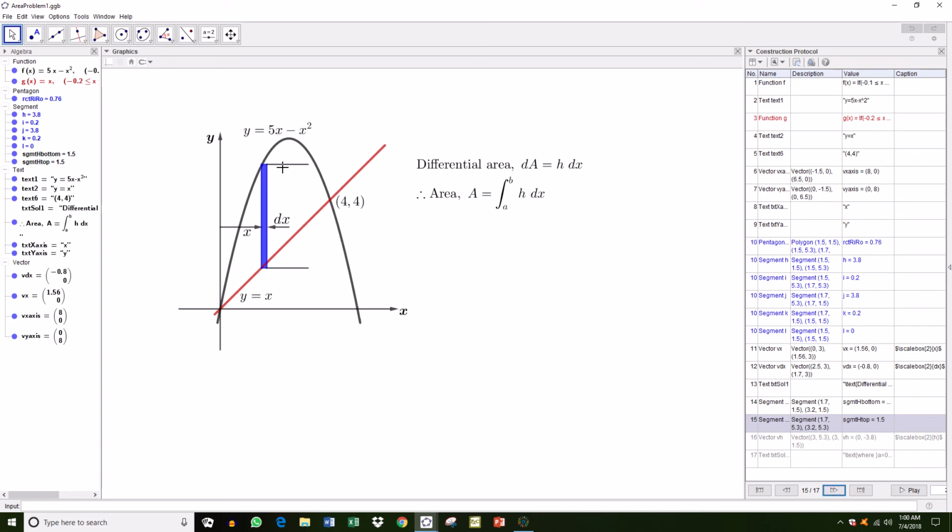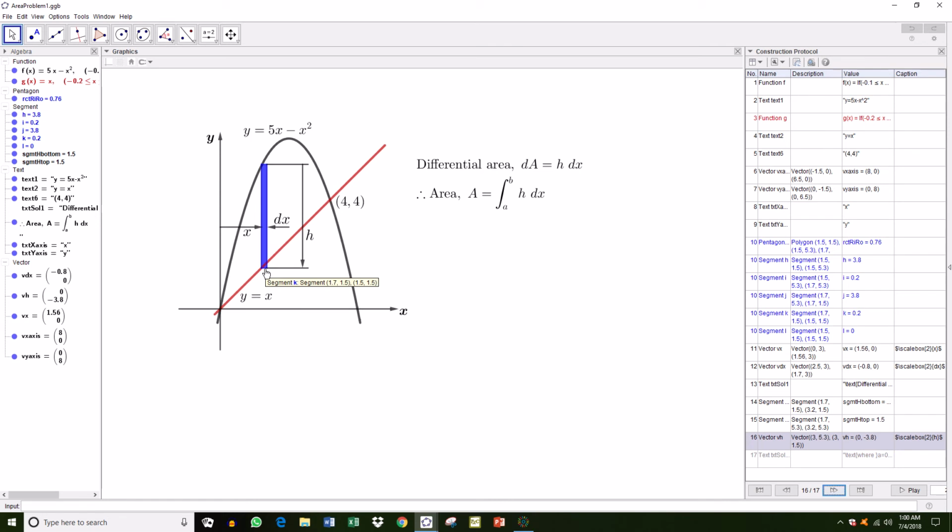Since the measurement is being done in a vertical direction, if you want to get a positive value for h, you should take the y value at the top and subtract from it the y value at the bottom. That is the key. To get a positive value for the height, you adopt a simple strategy: the y value at the top minus the y value at the bottom.